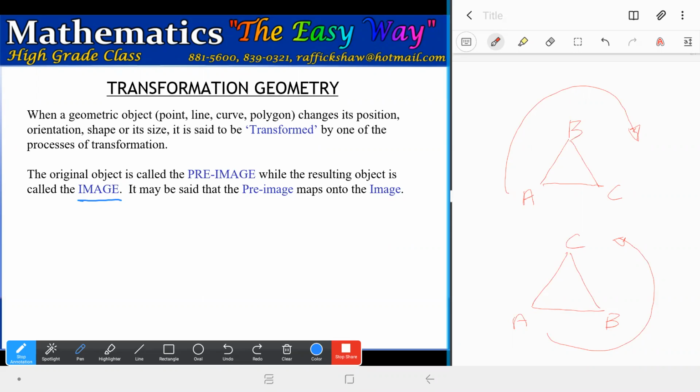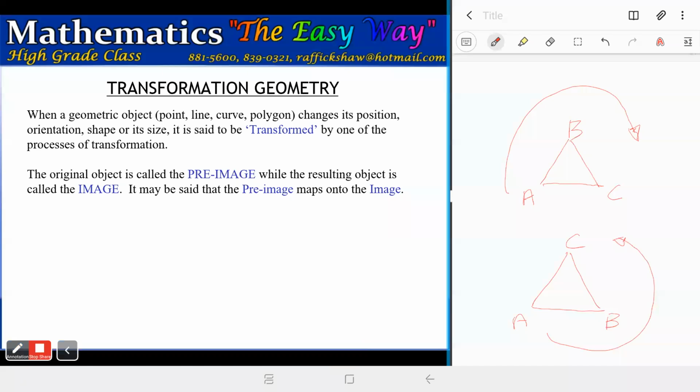So the object that you have originally is called an object or pre-image, and the resulting object is called the image. And we say that the pre-image maps onto the image, or the object maps onto the image.